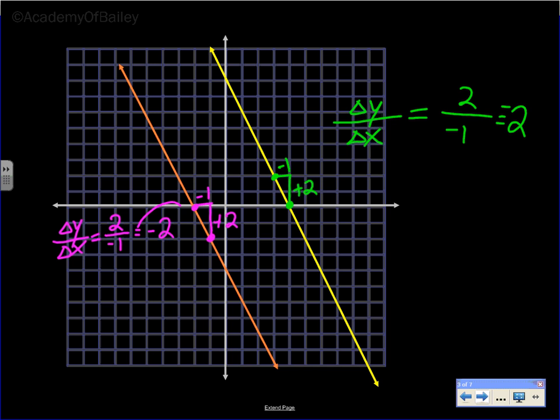And if we look at the slopes, negative 2 for both of them. So we know that those two lines are going to be parallel because they have the same slopes, and therefore they will never intersect.